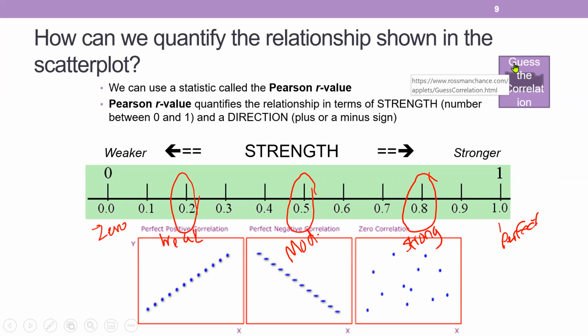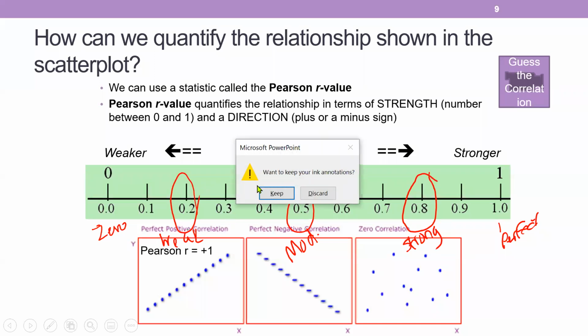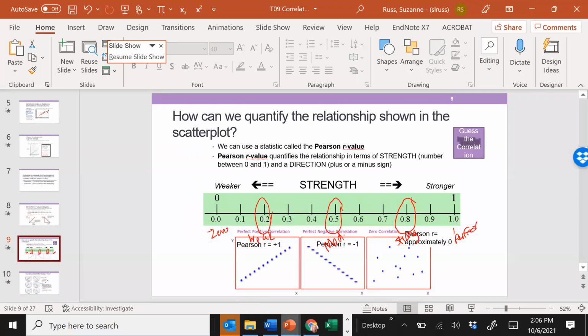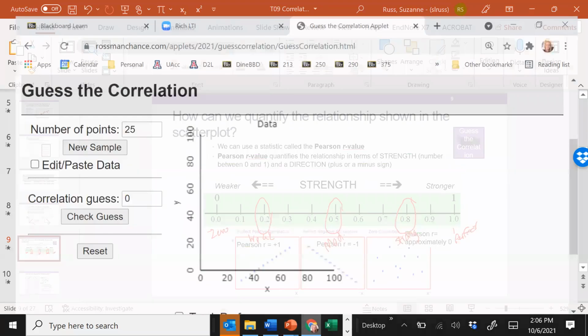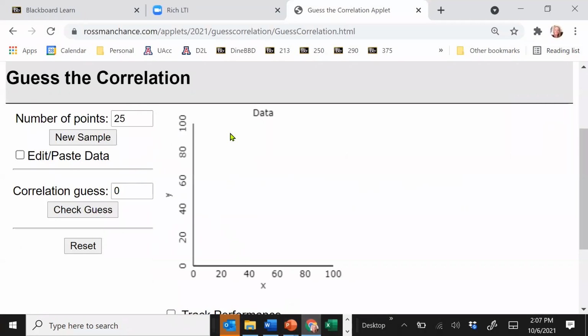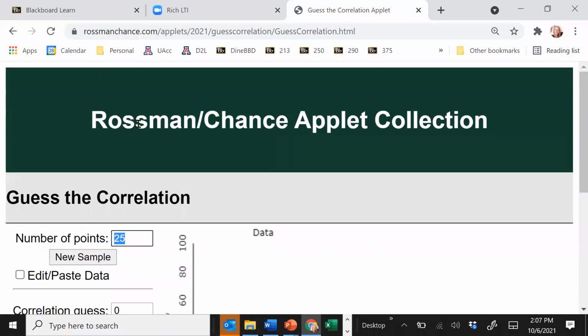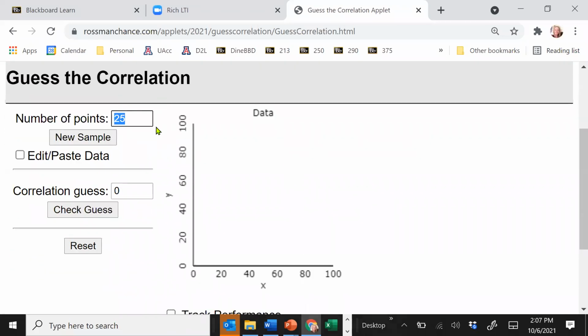So what we're going to do now is go into an applet. And I have it ready for us. And we're going to do some guessing. It's really fun. So what we're looking at here is a scatter plot. We don't know what the variables are. It doesn't matter. And I can choose a sample size, and I'm going to choose 50. So I'm going to imagine that I'm going to get data for 50 people.